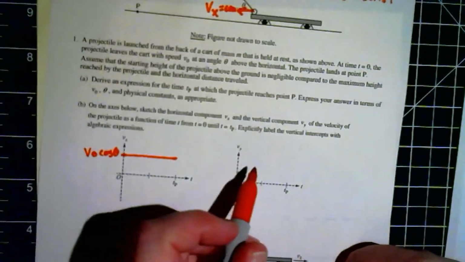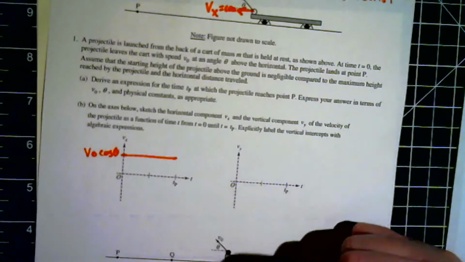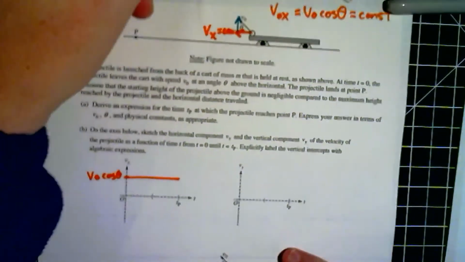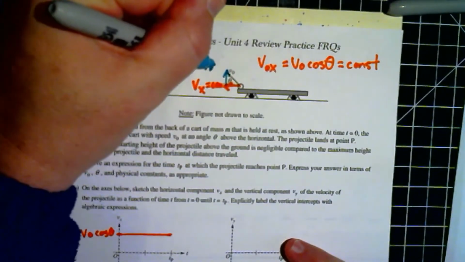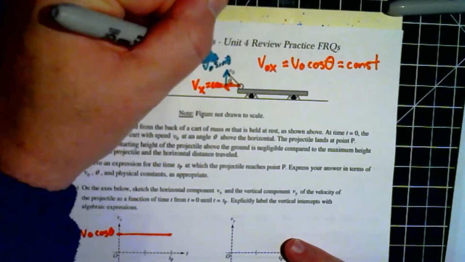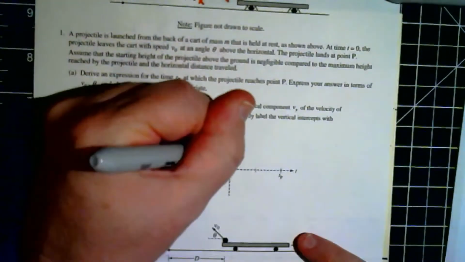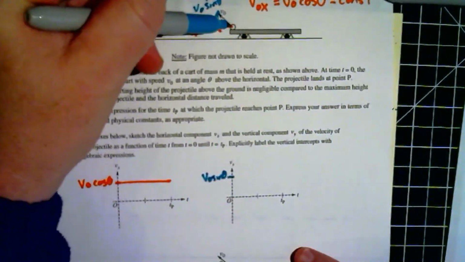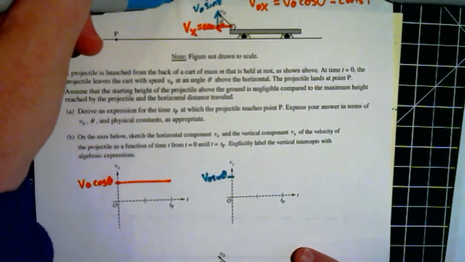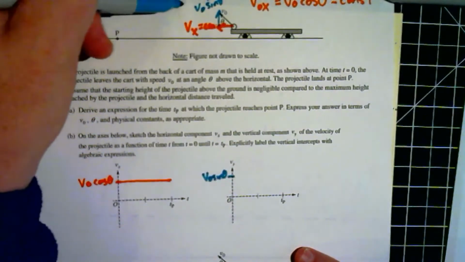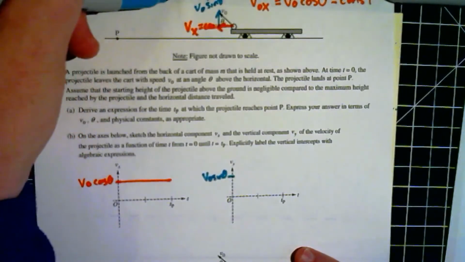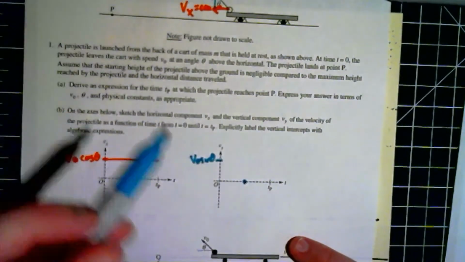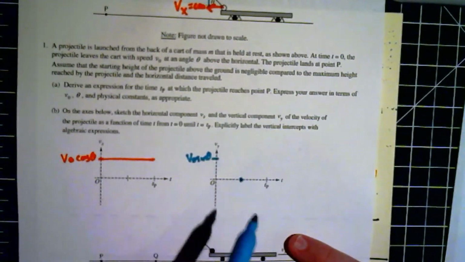Okay. Now, in the vertical direction, the velocity in the vertical direction changes with time. It starts off with an initial velocity v0 sine theta. That's my initial velocity, so that's where I'm going to have to start, at v0 sine theta. The projectile goes up in the air, and so it stops momentarily in the vertical direction. It's still moving side to side, but at its highest point, it stops. So that means that midway to the total time, you're going to have a velocity of 0.